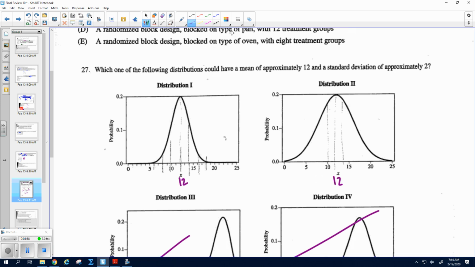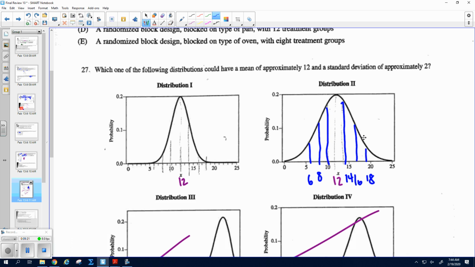What we're looking for is a standard deviation of 2. So you can start kind of counting. 2 down would be 10, and the next 2 down would be 8, and the next 2 down would be 6. The most important thing to look at is probably the third standard deviation, because you're going to get the furthest off. So we've got 14, 16, 18.